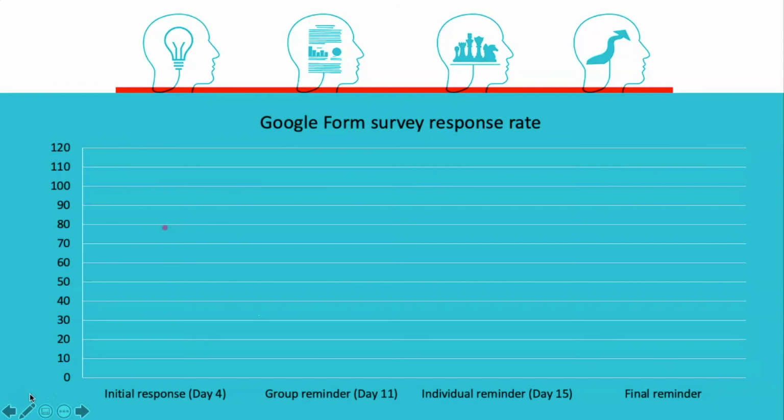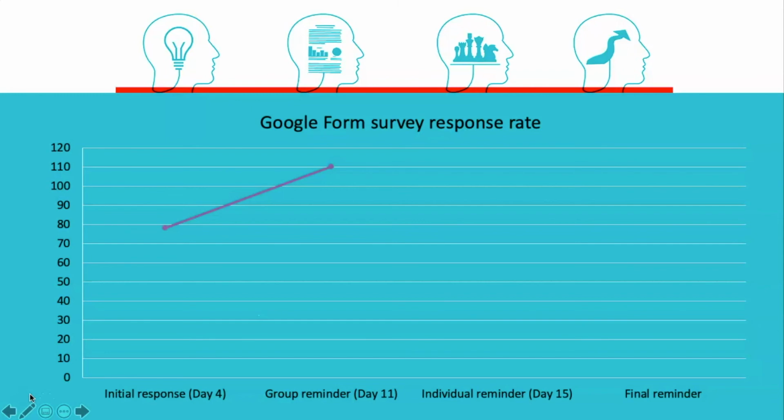At the end of day 4, the initial deadline, I sent out a group reminder through WhatsApp to inform the students that I was still expecting some responses from them, and that the form is still available for those who have not responded within the deadline. And by day 11, I had about 110 respondents, which was pretty good.